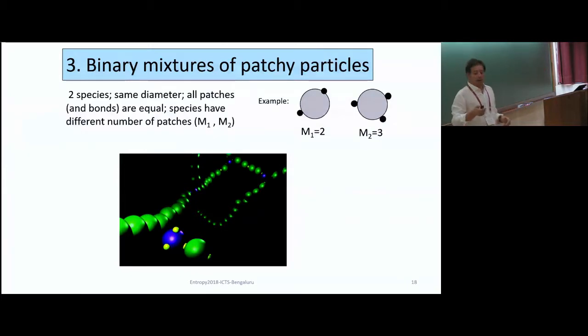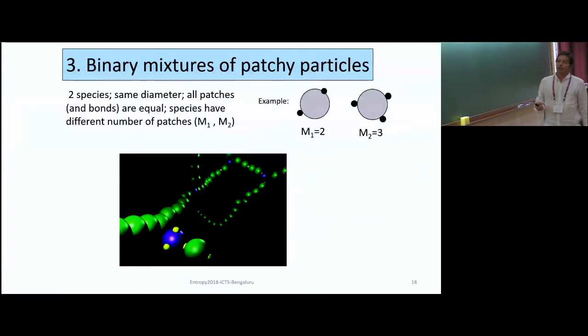And here the idea is that if you have many more particles with two patches than with three, you can have chains that are connections between these particles, and then from time to time you have branching provided by the particles with three patches.